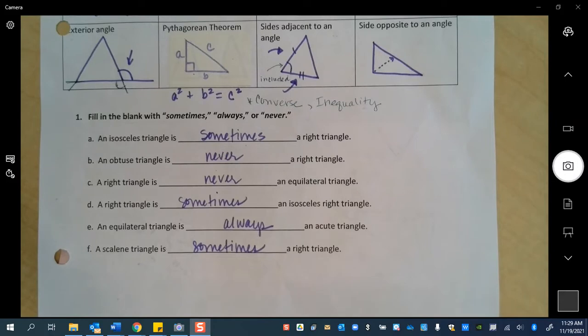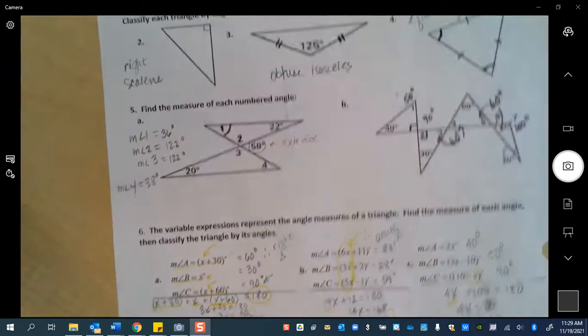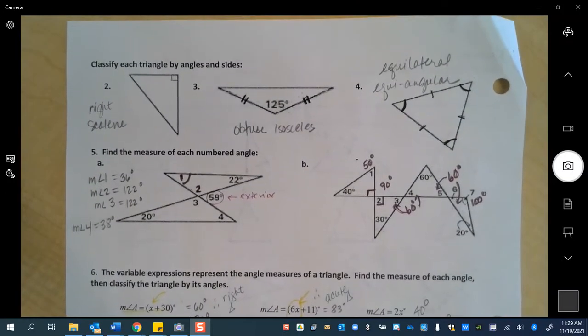Anybody want to ask anything about them? All right. How about this side? Classifying. Right scalene. Obtuse isosceles. Equilateral, equiangular. Find the measures. Any questions there?